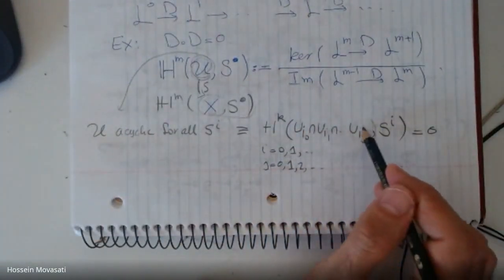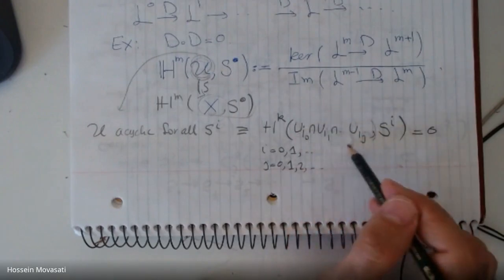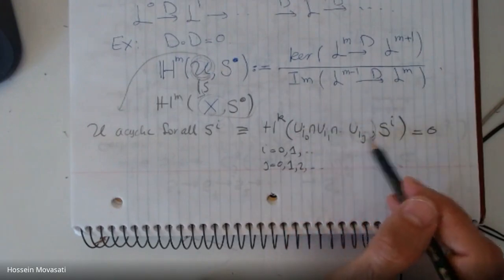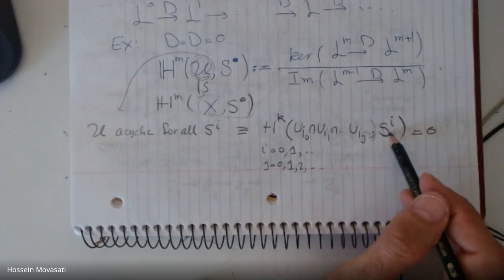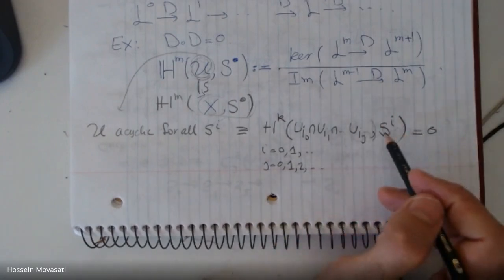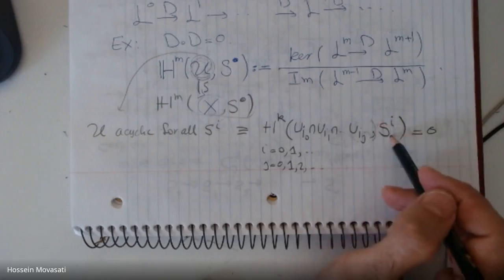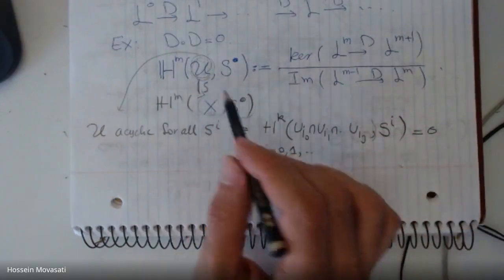So if the cohomology of all the intersection open sets of my covering with coefficients in S^i is 0, then I have an acyclic covering for all of the S^i, and this isomorphism will only be valid in this case.